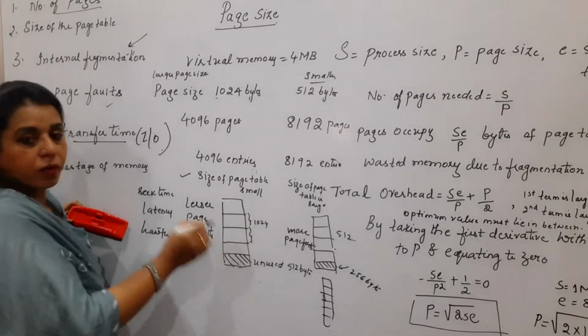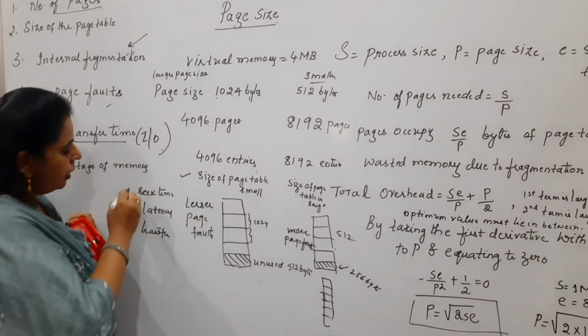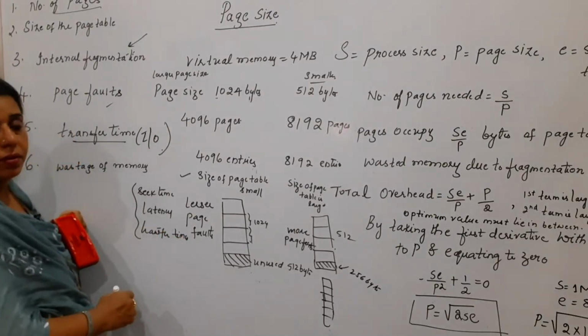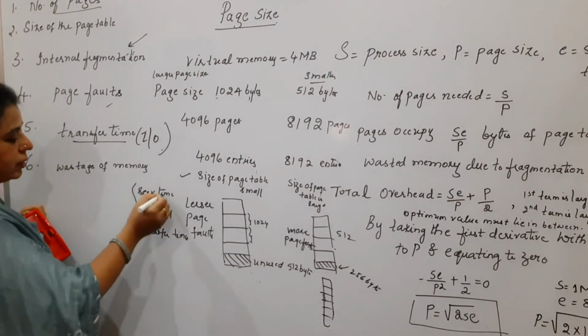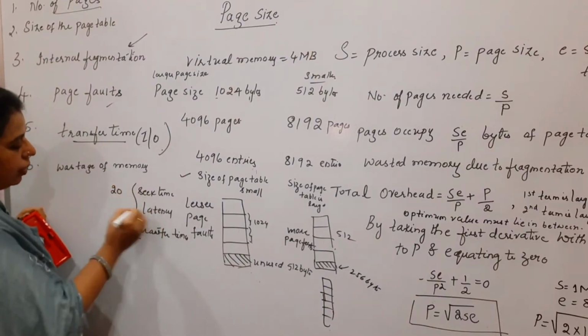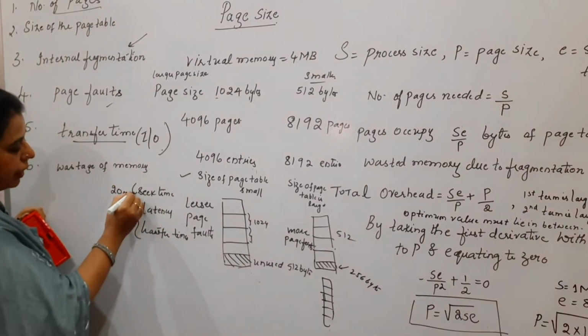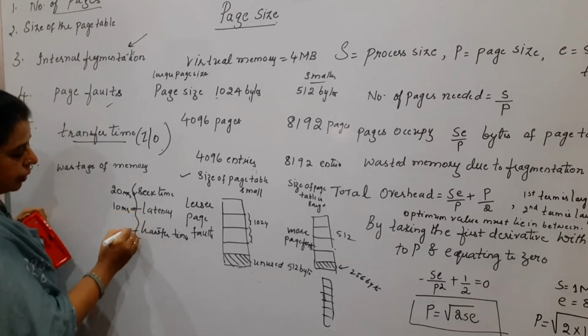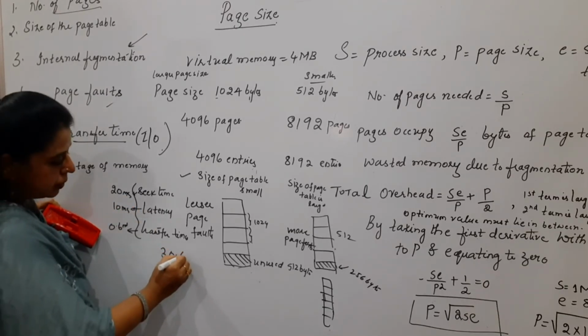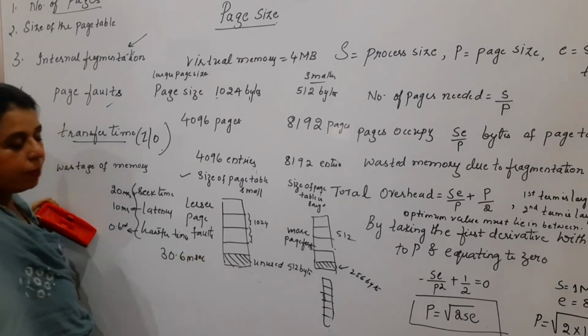So to read a particular page from the hard disk, these three times are needed. Suppose I take some value like 20 millisecond for seek time, for latency let me take 10 millisecond, and here let me take 0.6 millisecond, then 30.6 millisecond is the time to read a page.